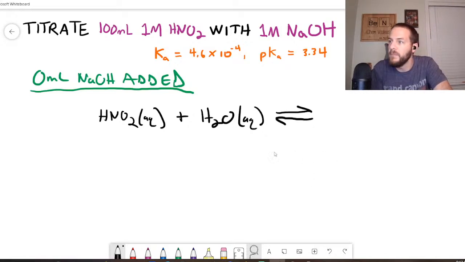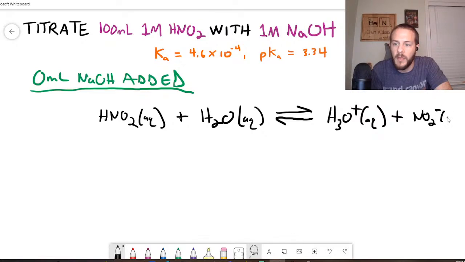And so what's going to happen? The acid here is going to donate a proton, H plus, to the water. And so we're going to get H3O plus, aqueous. And then we're also going to get the conjugate base of the acid. That would be NO2 minus, which is also aqueous. So this is the equilibrium problem.